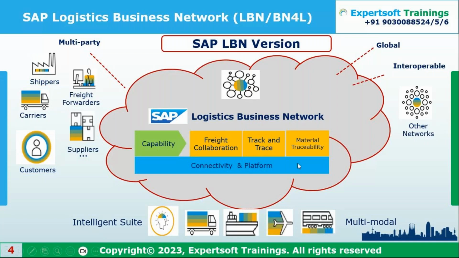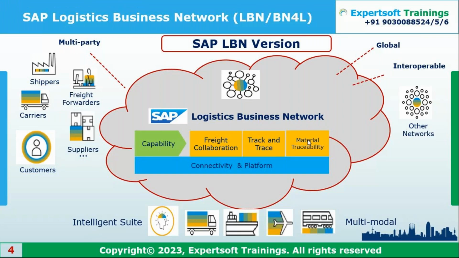Material traceability is not used because that is not for our TMS part; that is for the global supply chain traceability. And one of the components I mentioned is intelligent insights, for the dashboard sort of thing, which integrates with both freight collaboration and track and trace. So everybody can be onboarded and we can exchange and communicate the data between them.